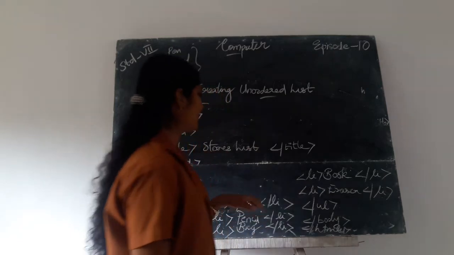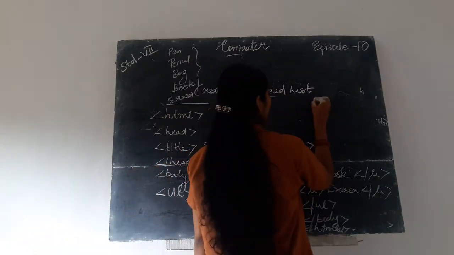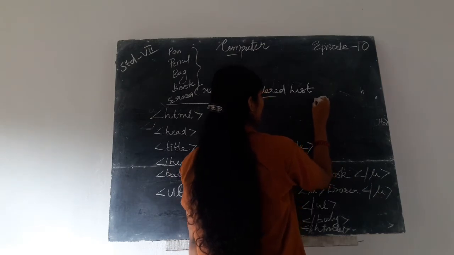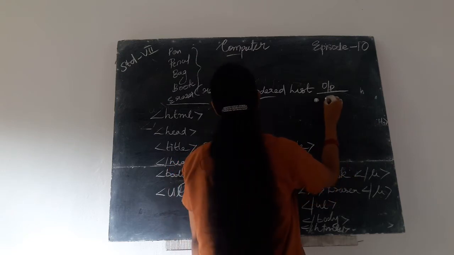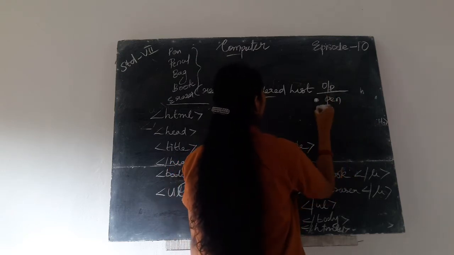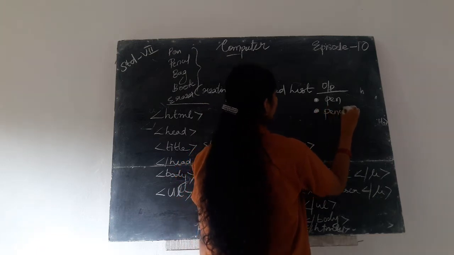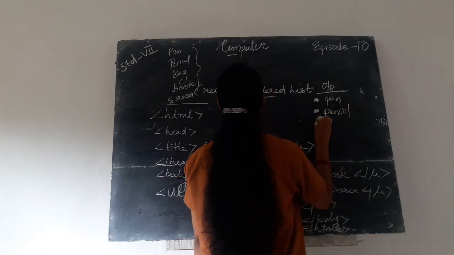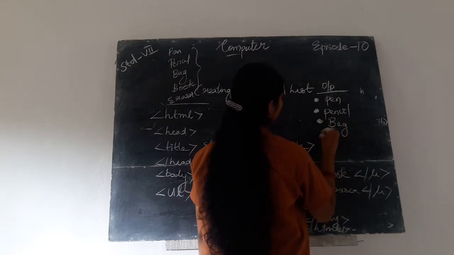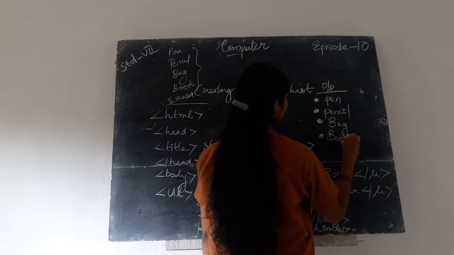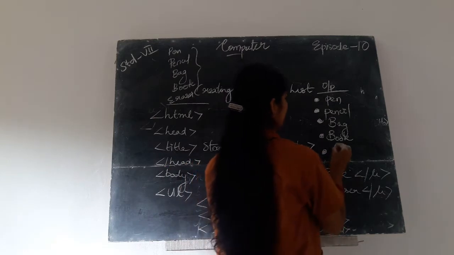Yes. So what will be the output? By default, the symbol is bullet. So the output is here. First pen, then second pencil, third one bag, fourth one book, then fifth one eraser.